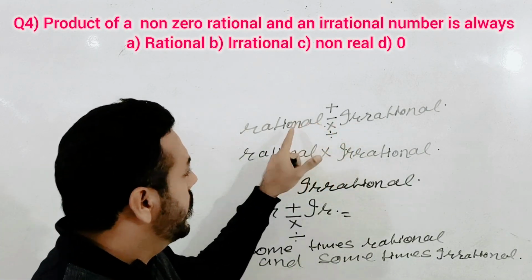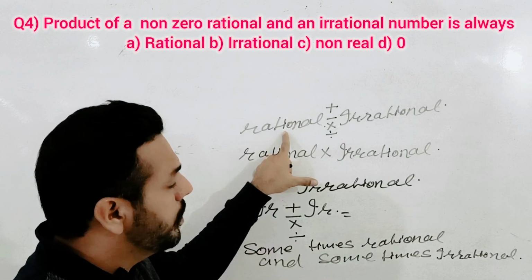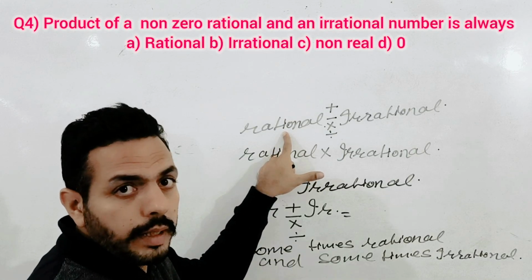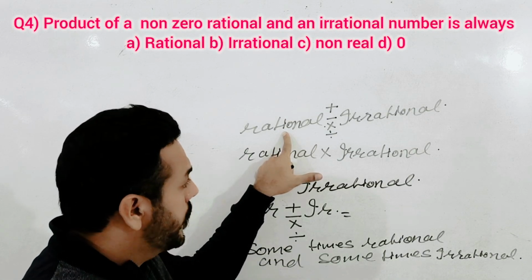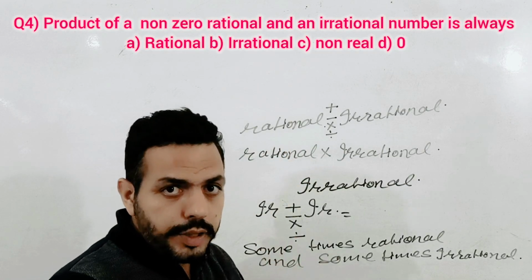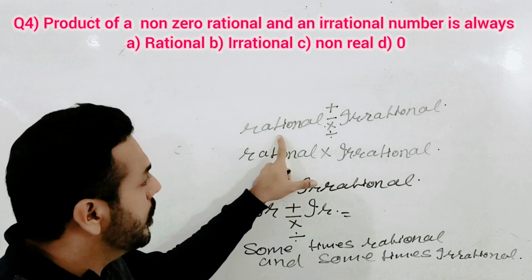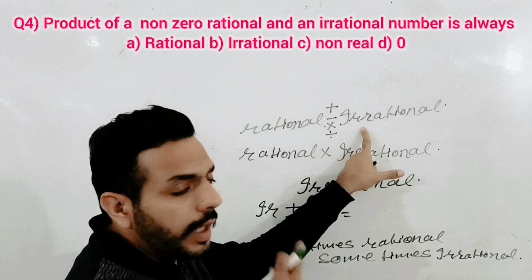The exception is if the rational number is zero, then the product is rational. Otherwise, for non-zero numbers, the product is always irrational.